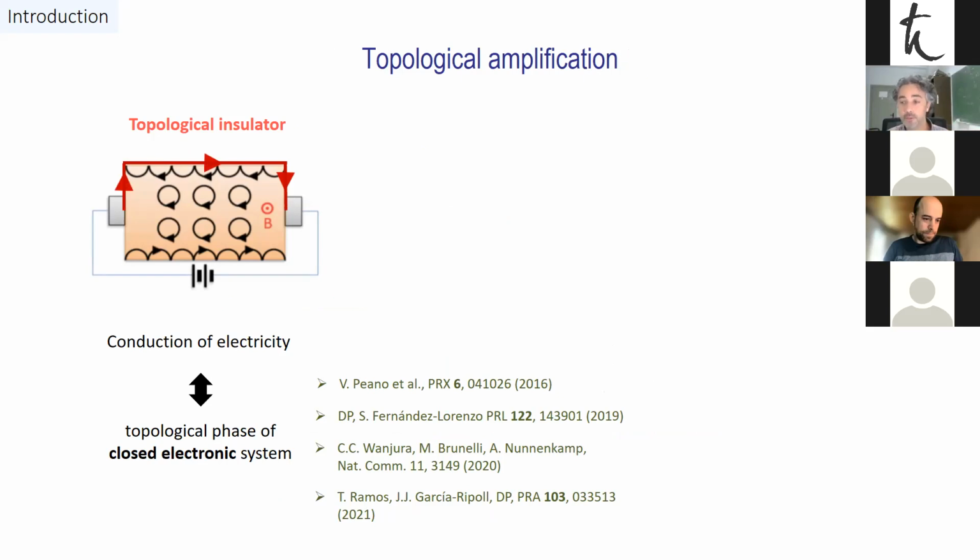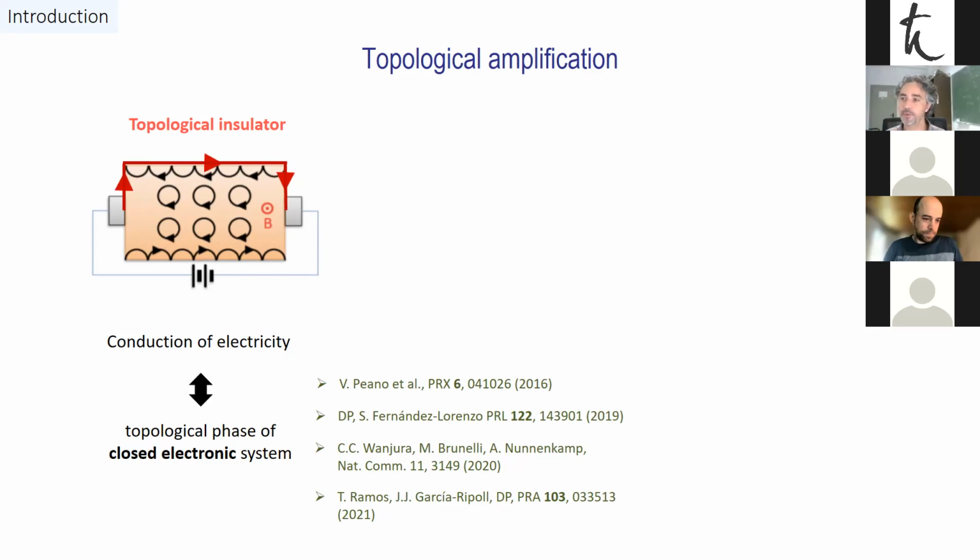If we look at electronic systems, the way topological insulators are presented normally, or the way we understand their behavior, is by looking at response functions of these systems. For example, a topological insulator is a system that conducts electricity by means of edge states. So the definition of topological insulator has a physical motivation.